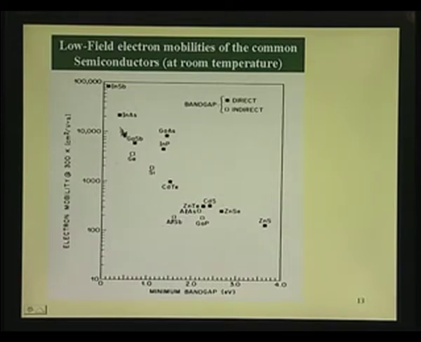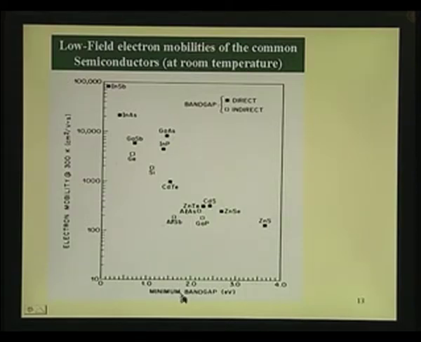It will look like a leaky diode. So, you can't choose those materials even though mobility is high. Please note what I have put in this diagram: electron mobility on the y axis, and on the x axis the minimum band gap.